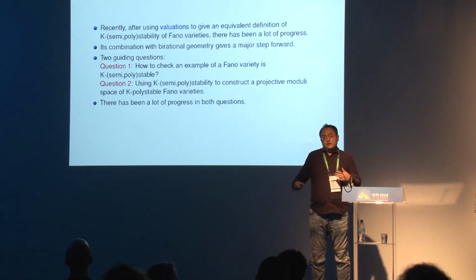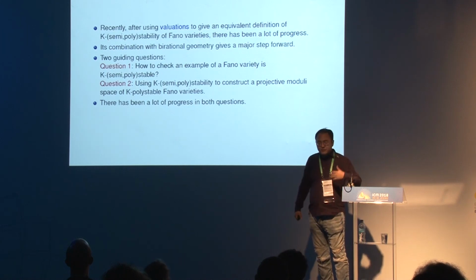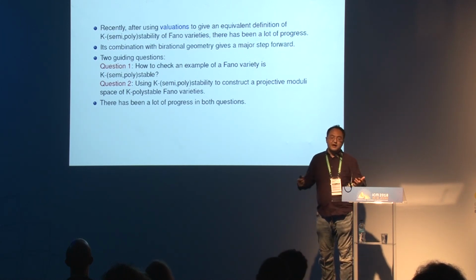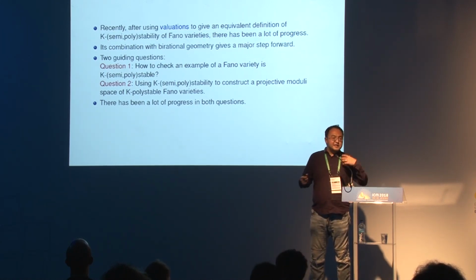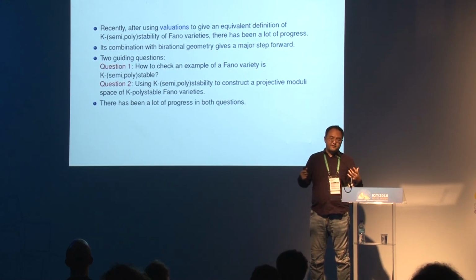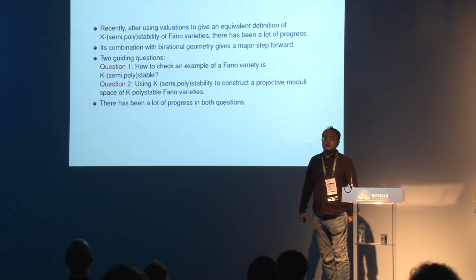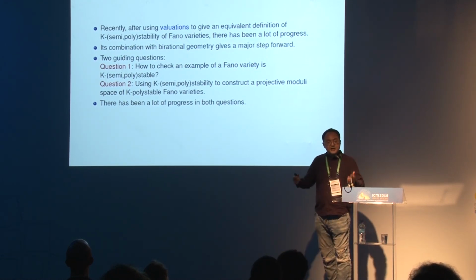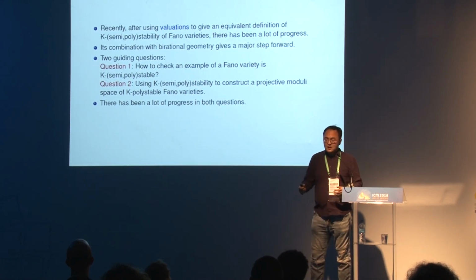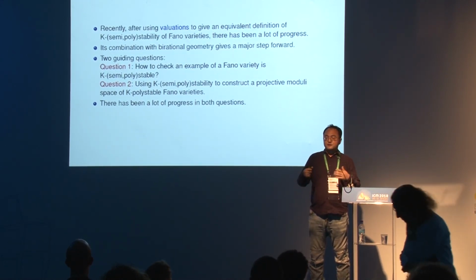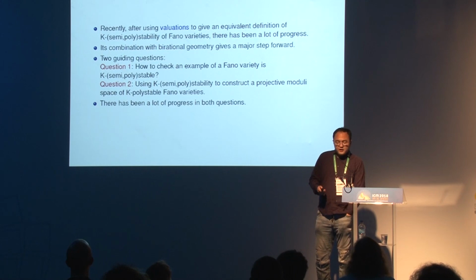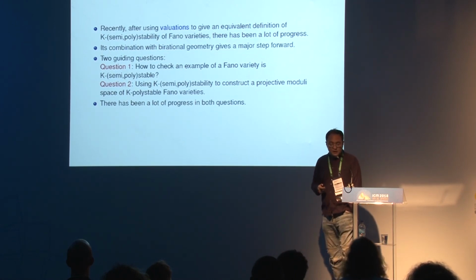The original definition of K-stability is not via valuations. It was via degenerations of Fano varieties. But then, based on a bunch of people's studies, now we can basically redefine it using only valuations. And this change of view is very important, because it connects much better to birational geometry than the original definition. So here I want to pose two guiding questions.